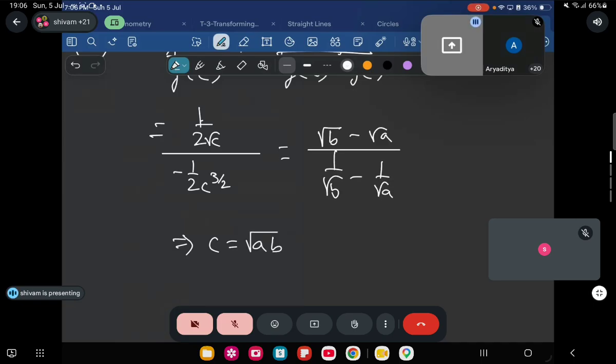Like, see, this is root b minus root a upon root a minus root b divided by root over ab, right? The minus gets cancelled over here. So c is equal to square root of ab. Now is it clear? Those who are online, are people getting?